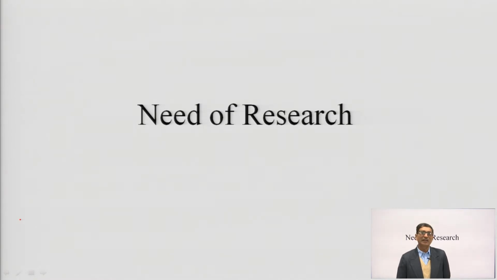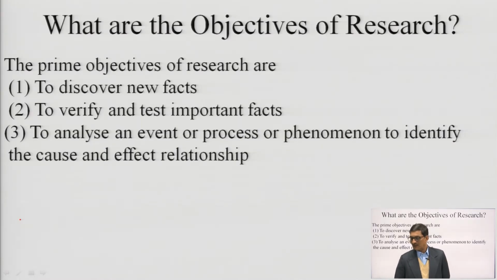Now, what is the need of research? Or, in other words, what are the objectives of research? The primary objective of research is to discover new facts. That means, in research we find new facts.